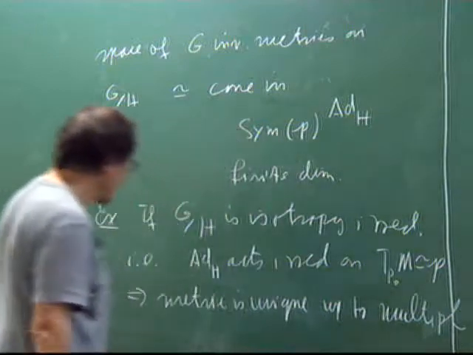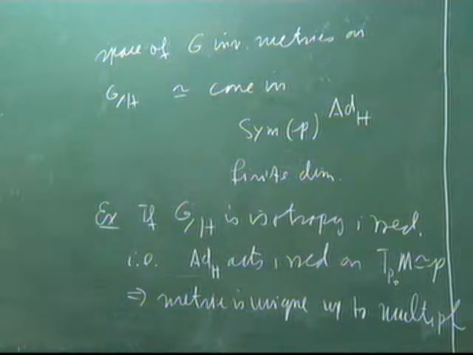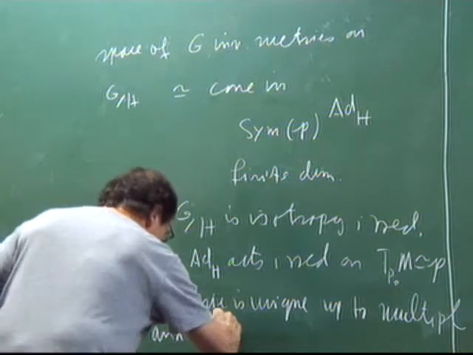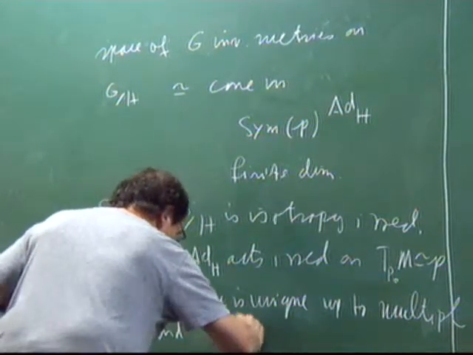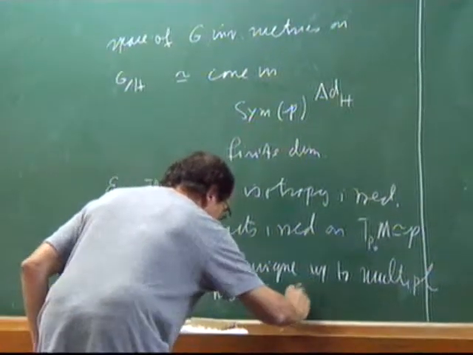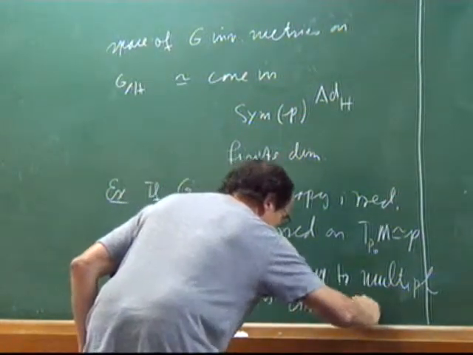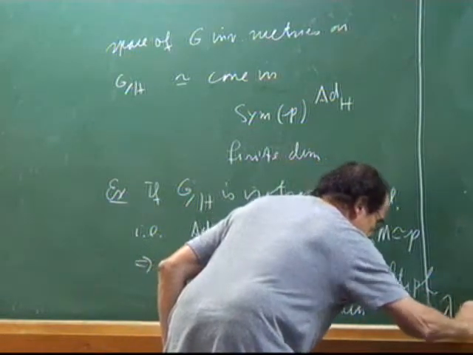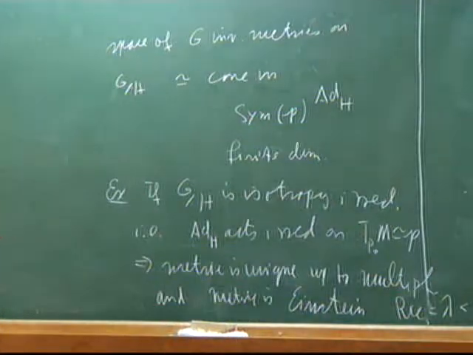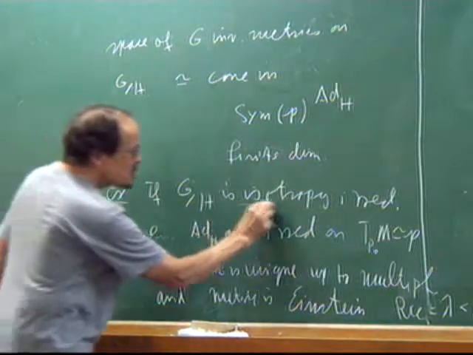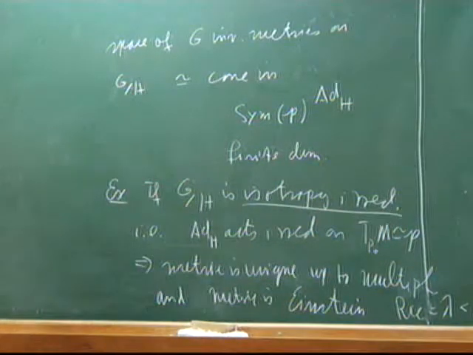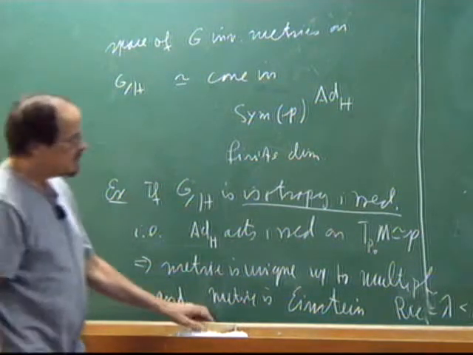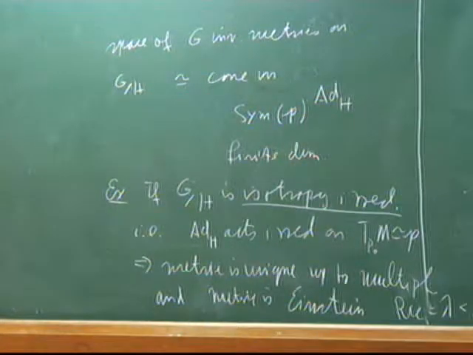Remember, if I have two inner products invariant under an irreducible representation, they are multiples of each other. And then by the same argument we discussed earlier, the metric is Einstein. So in other words, Ricci of the metric is a multiple of the metric. Okay. So these isotropy irreducible homogeneous spaces are quite interesting. Some are symmetric spaces, but there are many others. So they're kind of Einstein by definition, if you want. Okay.